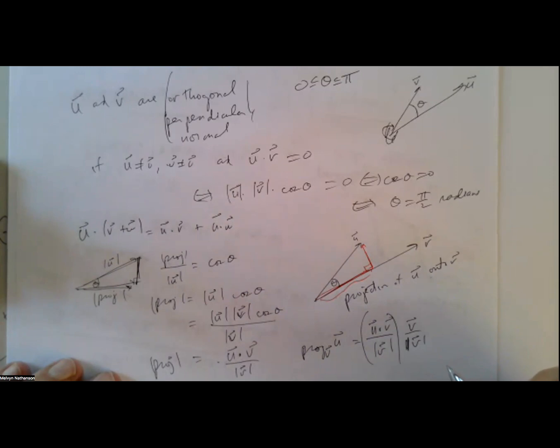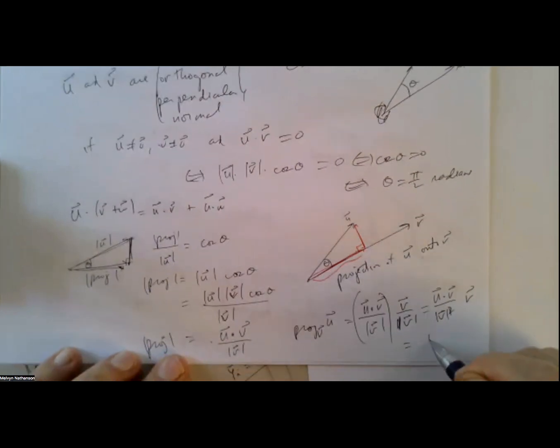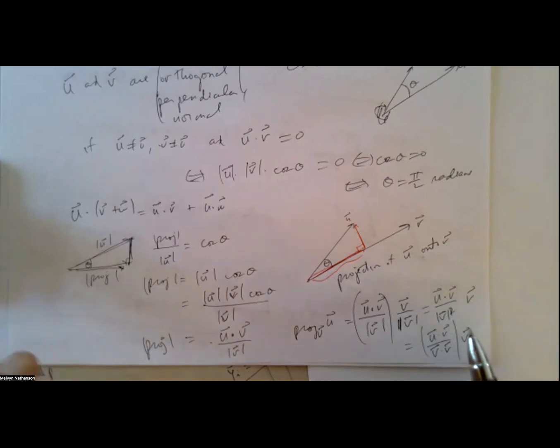So I can write this as U dot V over the length of V squared times the vector V, or U dot V divided by V dot V times V, because the dot product of a vector with itself is the length squared.